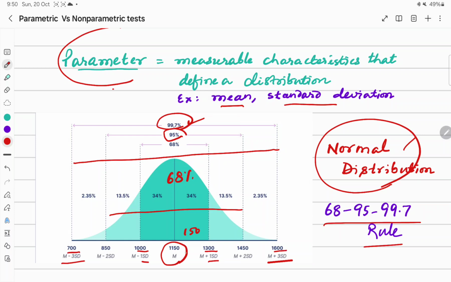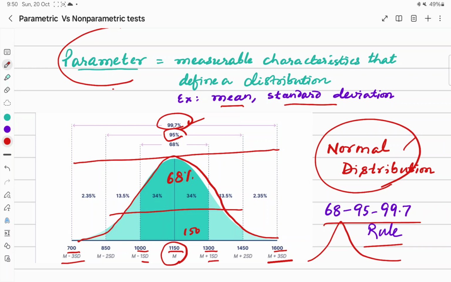In that case the mean will be 1150, and this follows the normal distribution, or bell-shaped curve. So that is a parameter, a measurable characteristic that defines a distribution, for example mean and standard deviation.